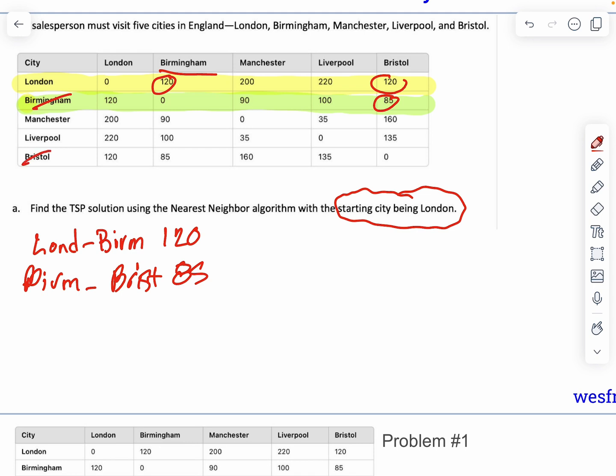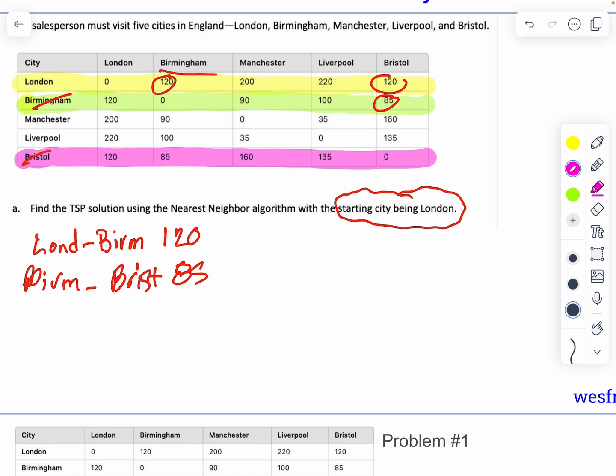Now I need to take a look at where my next closest city is going to be from Bristol. So I'm going to look across Bristol, knowing that I've already been to Birmingham, I've been to London, so it's either Liverpool or Manchester.